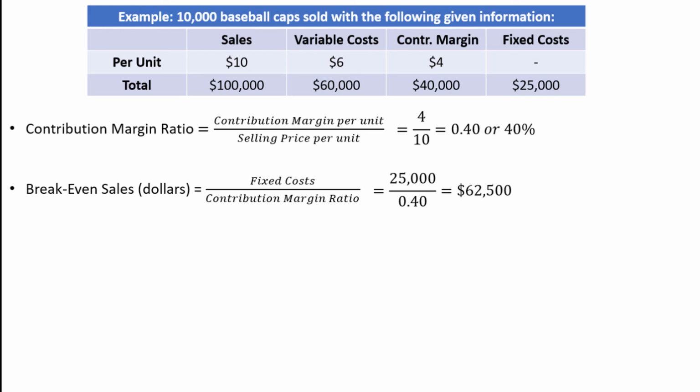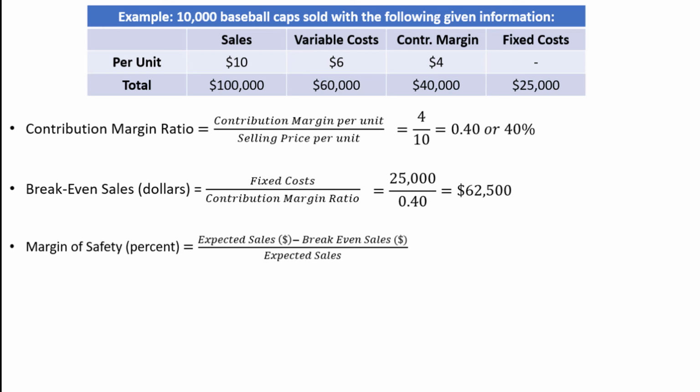Another useful figure is what we call the margin of safety. This is the amount that sales can decline before the company will incur a loss, and can be expressed as either a percentage of sales or in absolute terms. To find the margin of safety expressed as a percent, we take the expected sales and subtract the break-even sales, and then divide by the expected sales. If we want the margin of safety in dollars, we just compute the numerator of this formula.